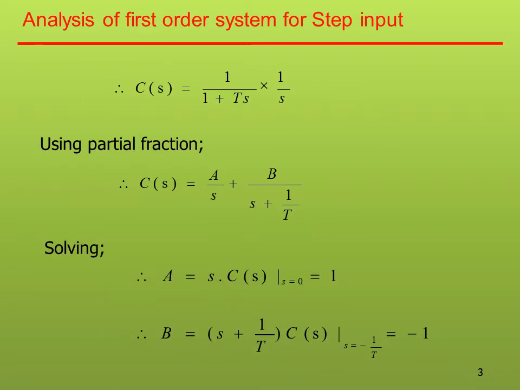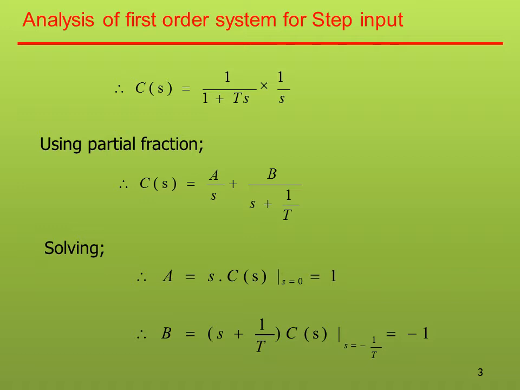By using partial fractions, which we have seen in mathematics and which is used to calculate the roots, C(s) becomes A upon s plus B upon s plus 1 upon T. We have to substitute one by one.